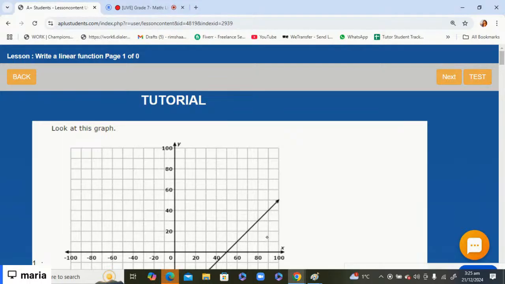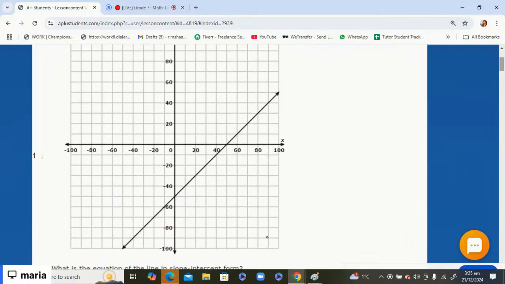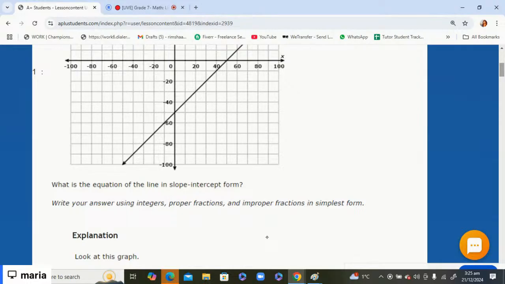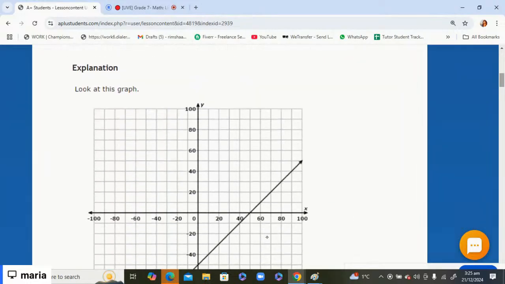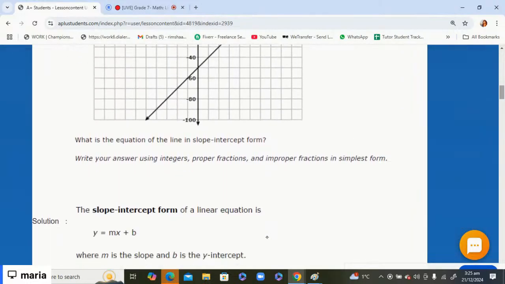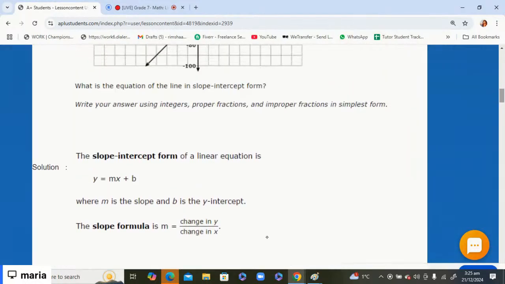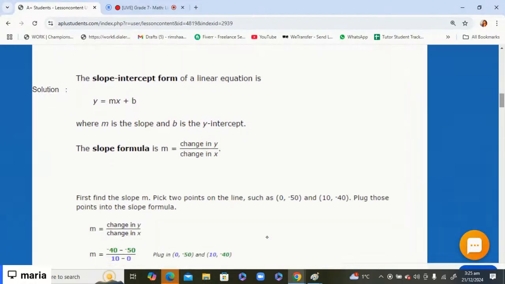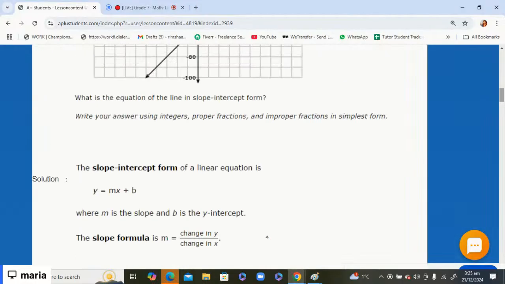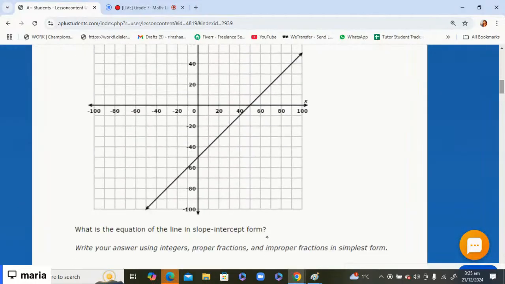Look at this graph. What is the equation of the line in slope-intercept form? This is y equals mx plus b, where m is the slope, change in y over change in x. The 2 points are here. We take the x and the y from each.